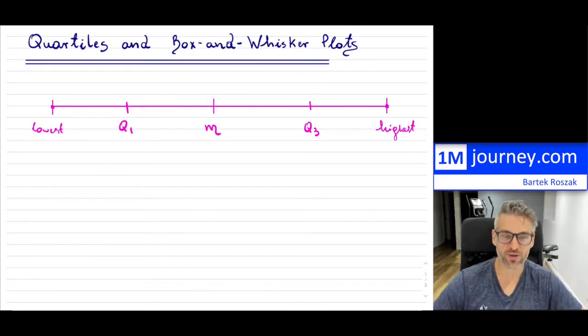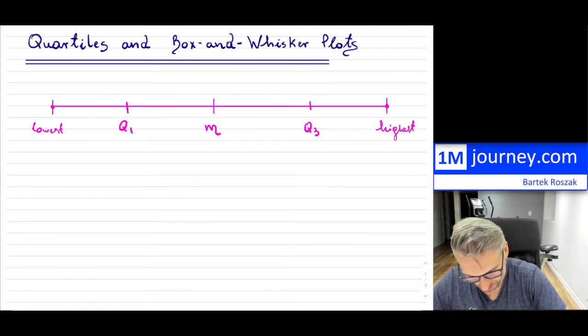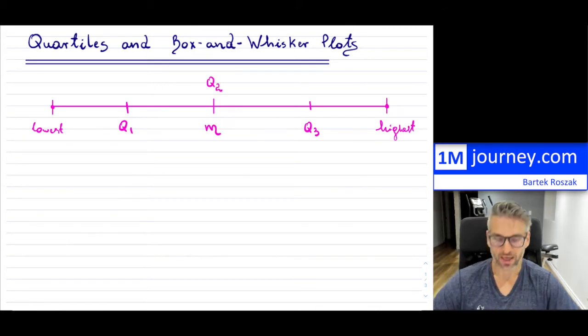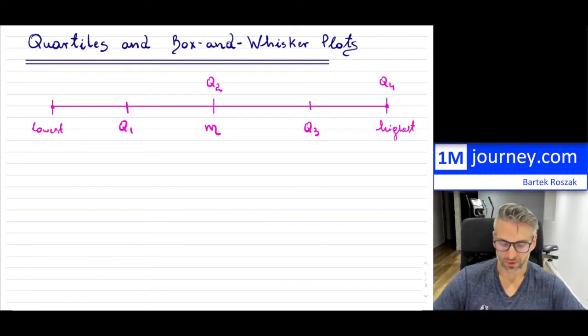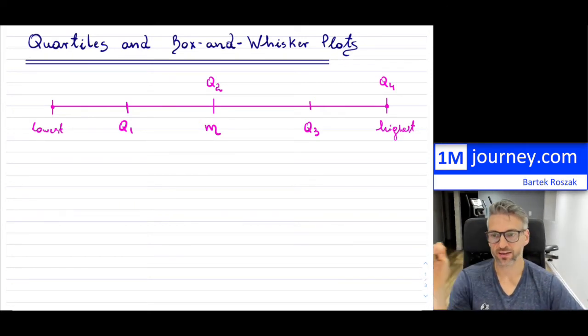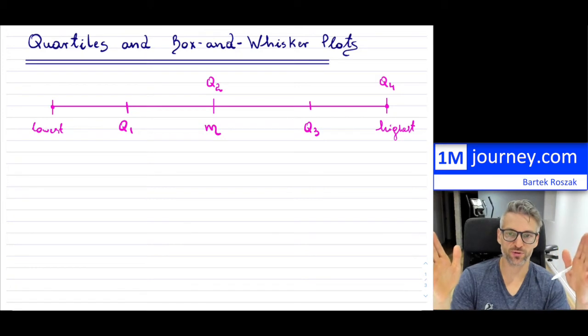Now, technically, we have 4 quartile points. So the median itself is sometimes also called Q2. That is the second point. And the last, highest one would have been Q4. But we typically just say median, and then we have our first quartile and third quartile.